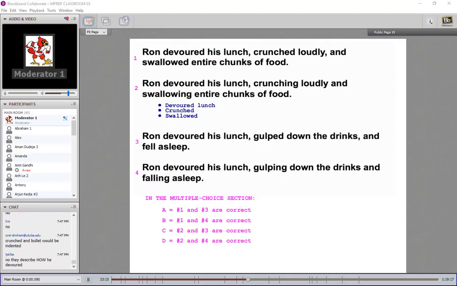This is nonsense, the way this is done. Because these are not A, B, and C, or 1, 2, and 3. It doesn't make any sense, because crunching and swallowing describe how somebody ate lunch. This is why they test this stuff a lot, because nobody ever had to explain to you how this works.